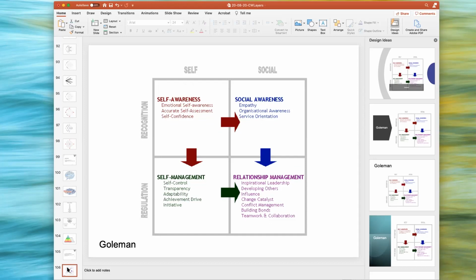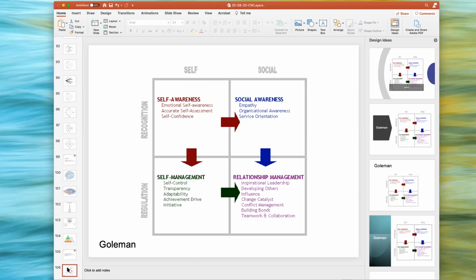But this one diagram, and you guys can easily find this if you just do a Google search for Goleman emotional intelligence and click on the images tab, you will find this in many, many different design representations, but it's pretty much the same content.